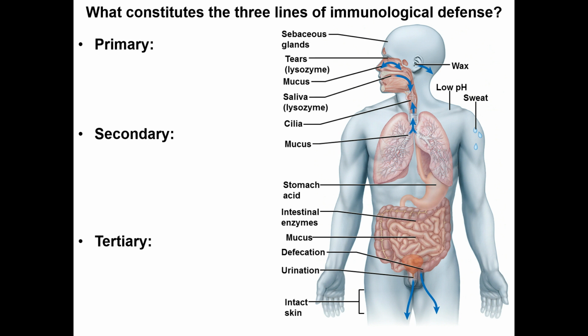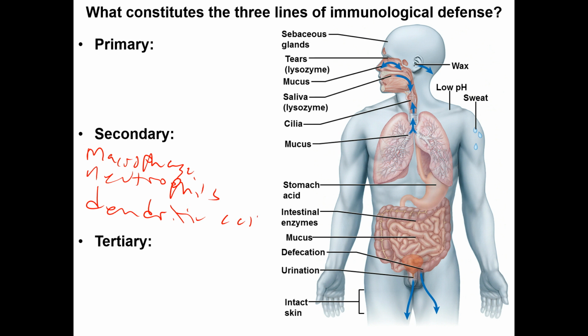Secondary barriers are going to be things like your leukocytes. So you have your leukocytes, like your macrophages, your neutrophils, and your dendritic cells.